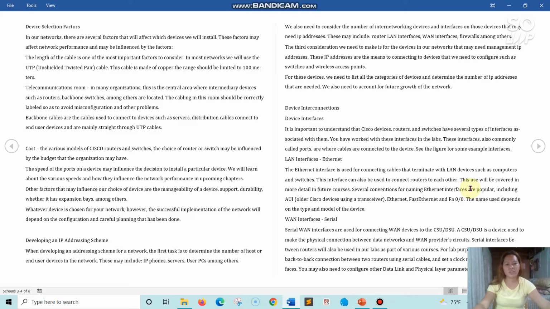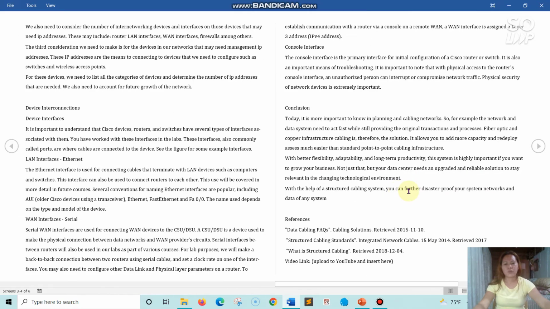The serial WAN interface is used for connecting WAN devices to the CSU/DSU. The CSU/DSU is a device used to make the physical connection between data networks and WAN provider circuits. Serial interfaces between routers will also be used in our labs as part of various courses.